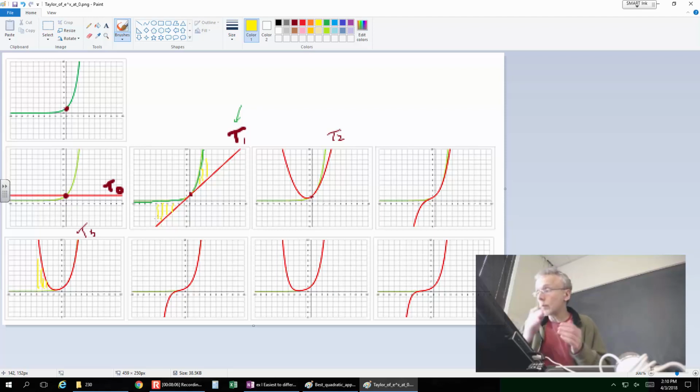However, as we move on, the gap becomes smaller and smaller, especially on the right. Look at this one, this is T4, and the difference between the green and red is almost invisible. There is some error somewhere over there, but it's virtually invisible. And as you go on, invisible, invisible, invisible. They literally merge with the graph.